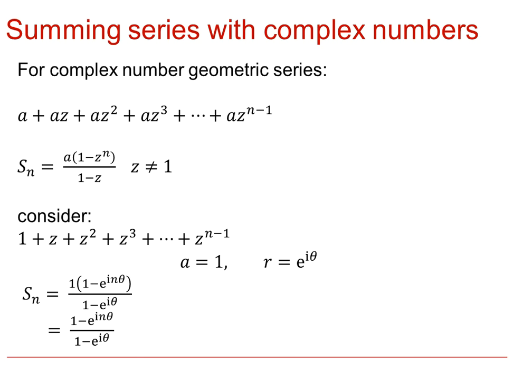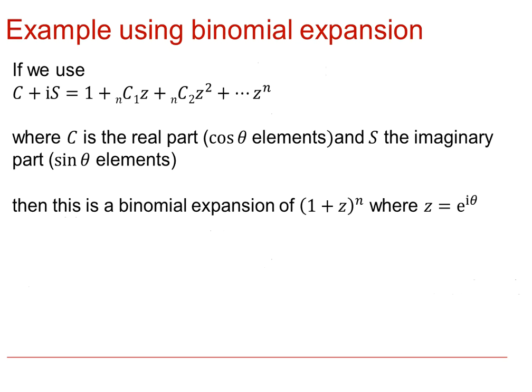We could expand this further by using z to the n equals cos n theta plus i sine n theta if we needed to split the answer into real and imaginary parts. This is quite a common technique.